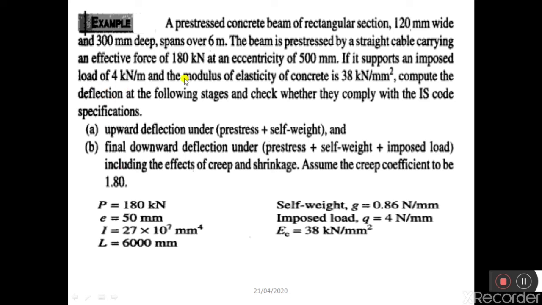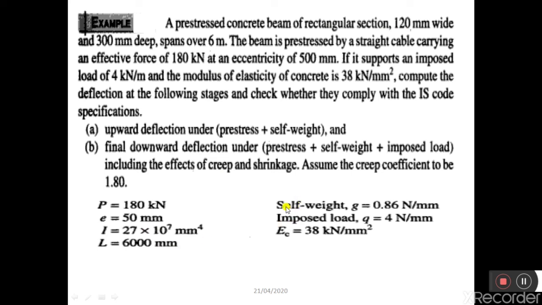The force is 180 kilonewton. The eccentricity is 50 mm and moment of inertia is 27 into 10 to the power of 7 mm to the power 4. It is a rectangular section, therefore moment of inertia is equal to BD cube by 12. L is 6 meters.